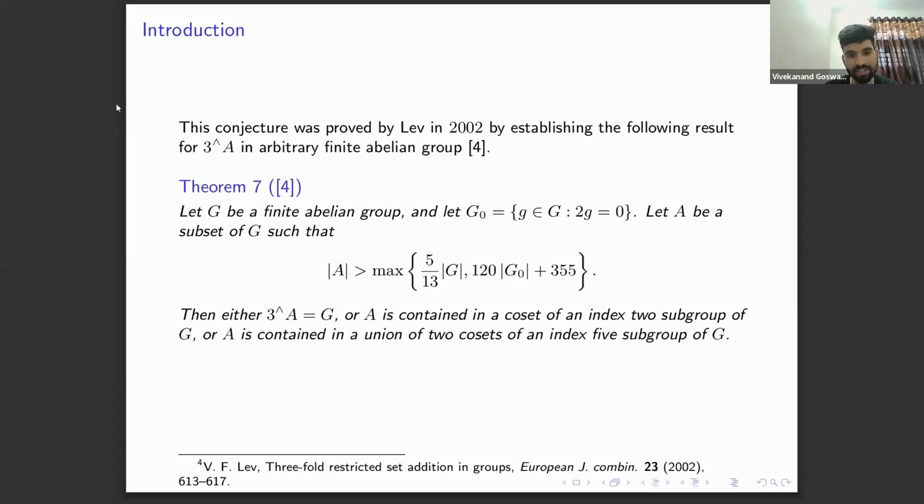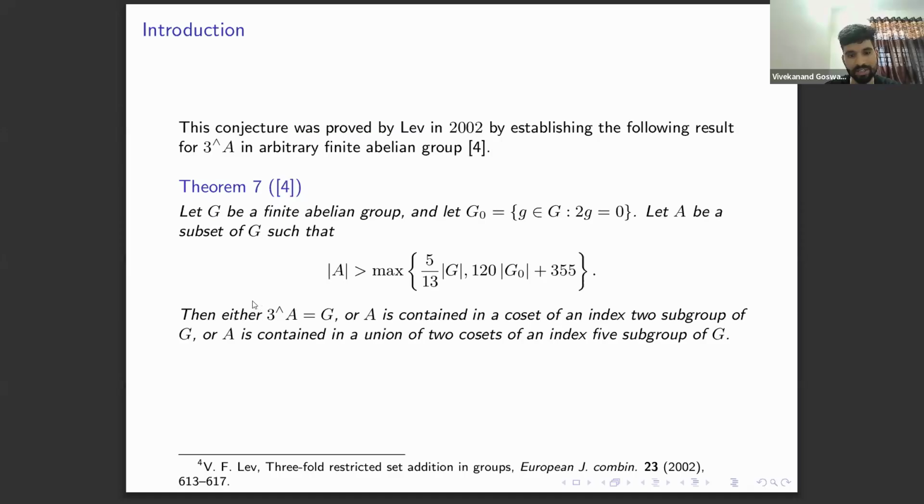And in the same paper, they conjectured that there is a constant C such that for any odd integer n, and for any subset A of Z_n such that the cardinality is strictly greater than 2 by 5 n plus C, then 3 hat A is equal to Z_n. This was resolved by proving the following result.